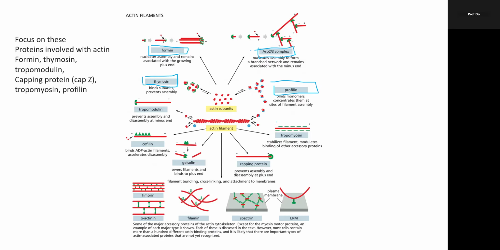Profilin, and a little bit of the tropomyosin and the capping protein. Now, why is that? Because one, we need to learn how actin is formed, and two, how does it play a role in muscle contraction? Okay. Oh yeah, and tropomodulin. Okay. Tropomodulin being your myosin cap.